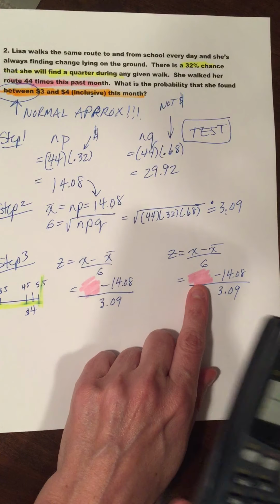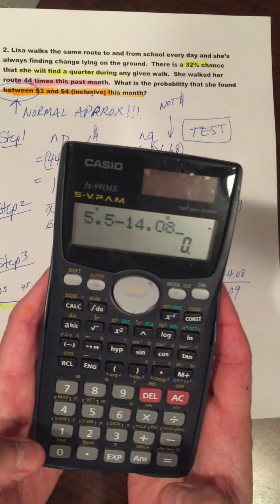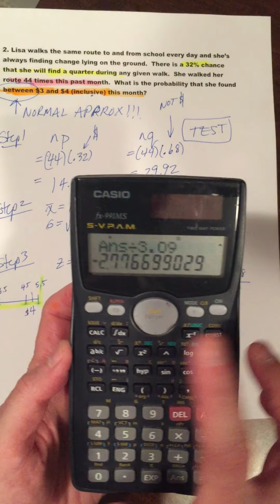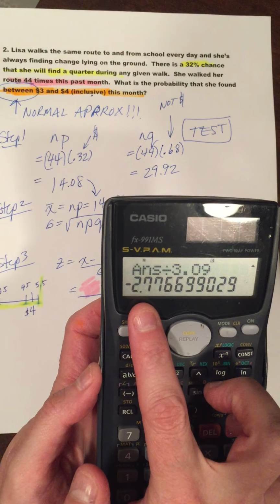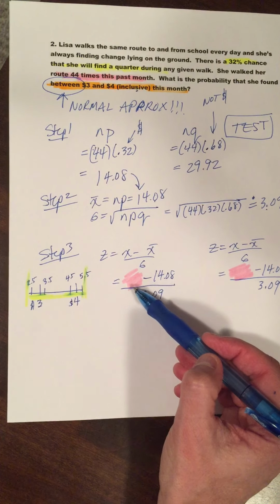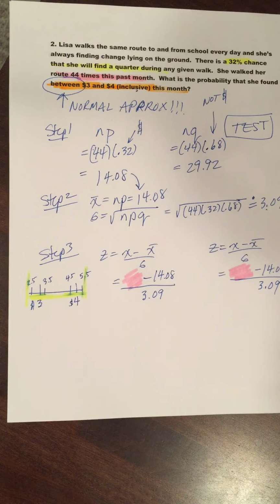Let's try 5.5 in here. 5.5 minus 14.08 divided by 3.09. That's also close to 3. I'm wondering, have I done something wrong? This one was significantly over 3. This one was really close to 3. I'm wondering.